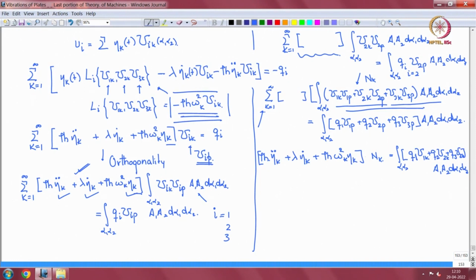Now if I bring this to the other side and divide by rho h, I get eta k double dot plus lambda by rho h eta k dot plus omega square k eta k is equal to 1 by rho h Nk integral over alpha 1 alpha 2 of q1 u1k plus q2 u2k plus q3 u3k a1 a2 d alpha 1 d alpha 2.